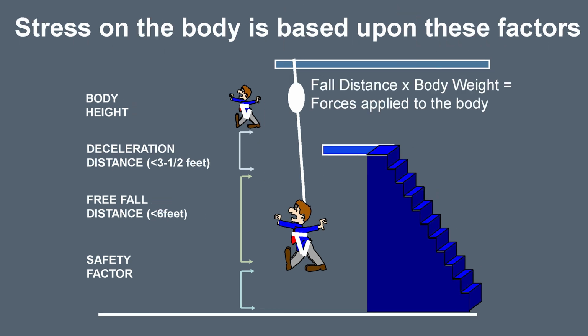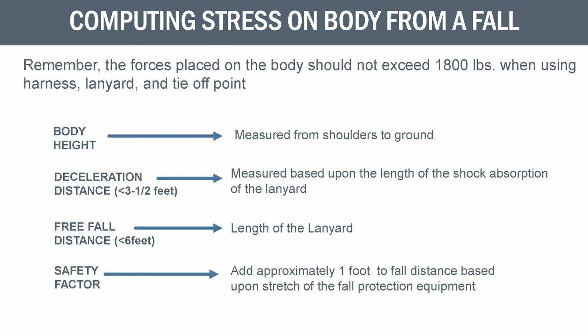Because all of this together, we look at what are the forces applied to the body when you fall. And so OSHA has a regulation that says only so many pounds of pressure can be applied to the body. And that's why we go to a harness system too.